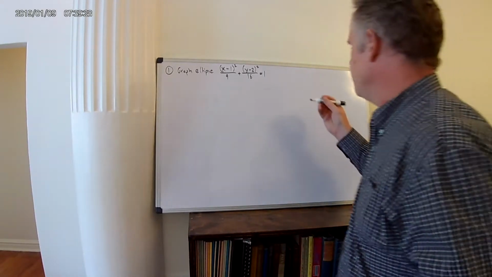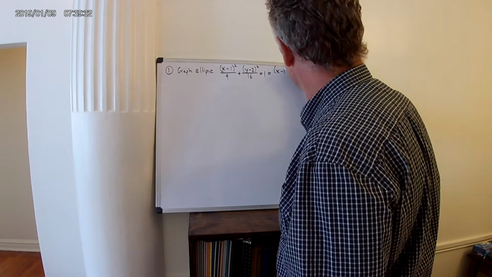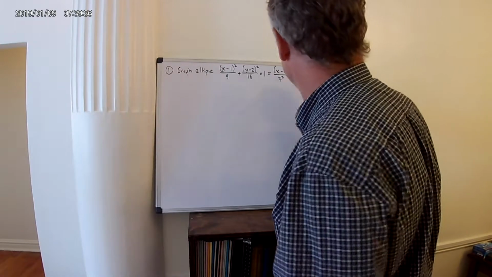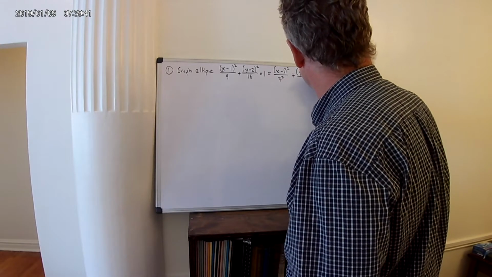Well, what we can do here is note that 9 can be written as 3 squared, and 16 can be written as 4 squared.